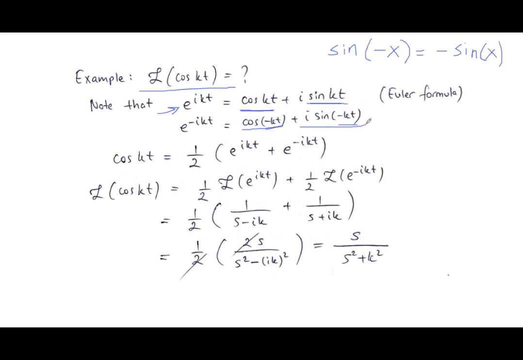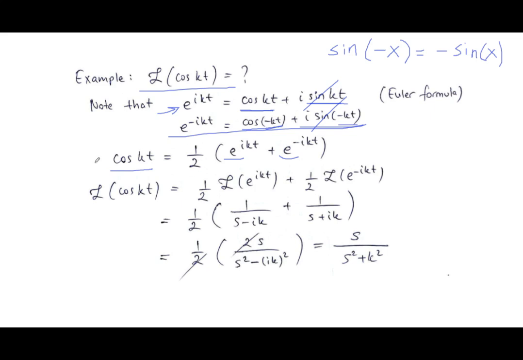And if we want to obtain cosine kt, you can sum these expressions. So this term and this term will cancel each other, and you will end up with cosine of kt equals the sum of these exponentials, multiplied by 1/2.